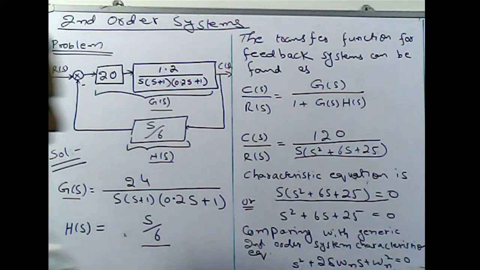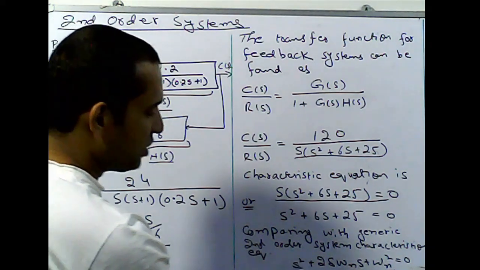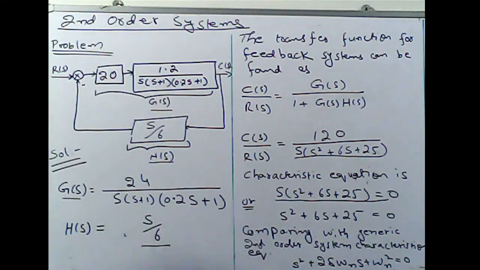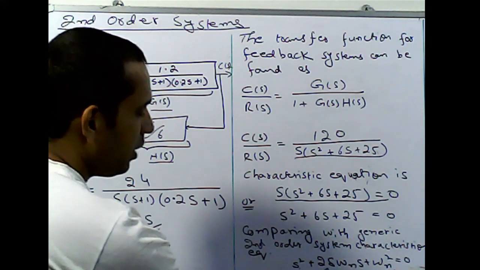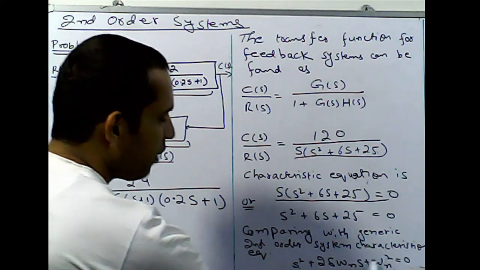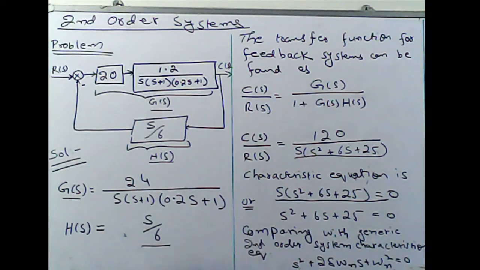We know that the characteristic equation of a generic second order system is S square plus 2 zeta omega n S plus omega n square.